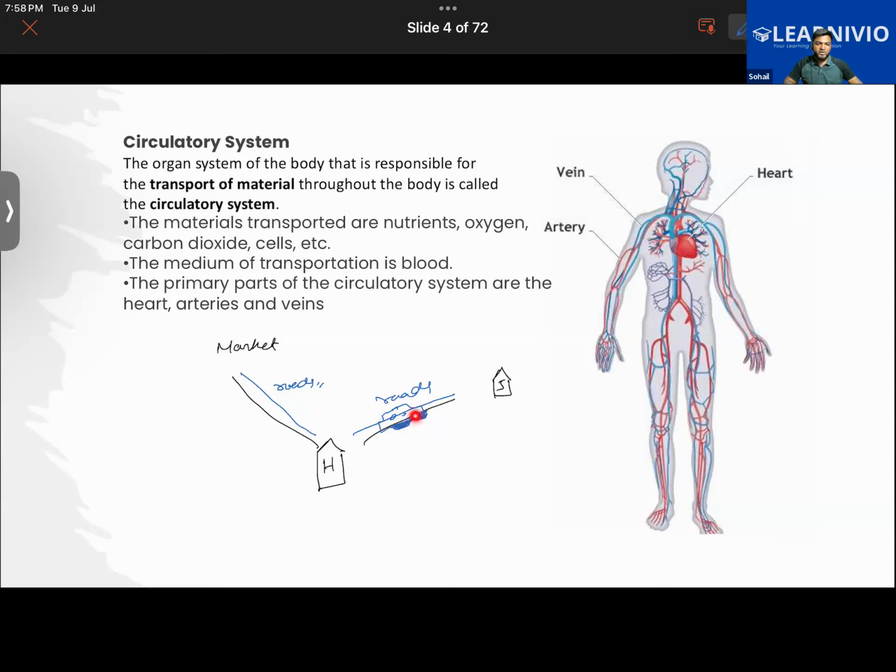So, can you think of the road as arteries and veins? You can think of the veins and arteries similar to that of a road. Got this now? Okay.